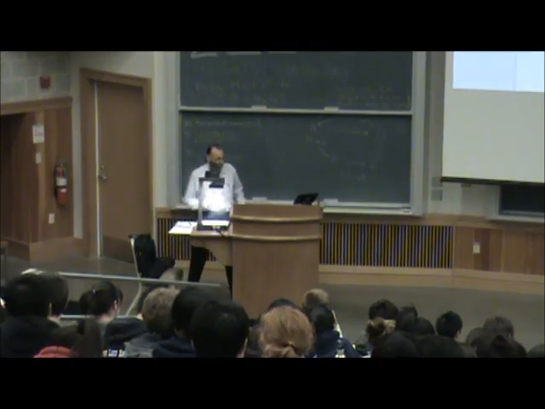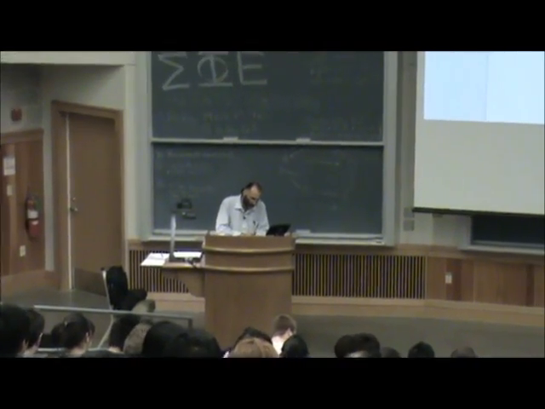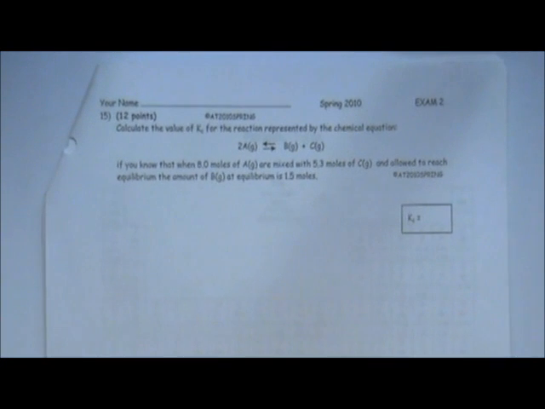All right, let's do a few more problems. So let's do this problem here. Okay, this problem is an equilibrium problem again. Calculate the equilibrium constant Kc. That means it refers to molarities, concentration molarities.